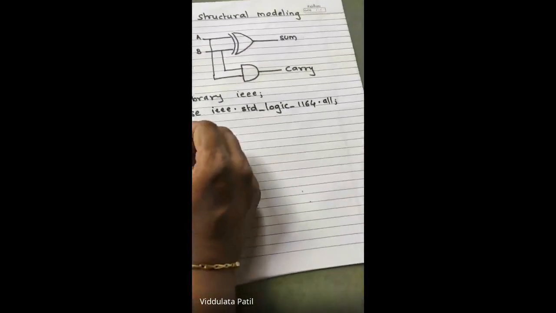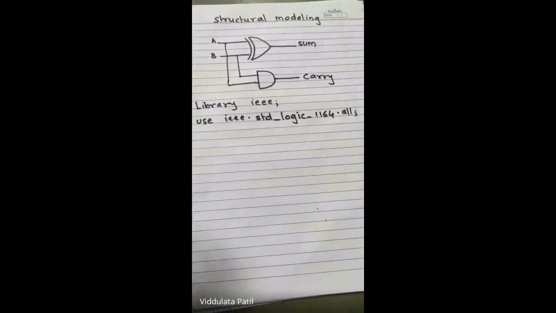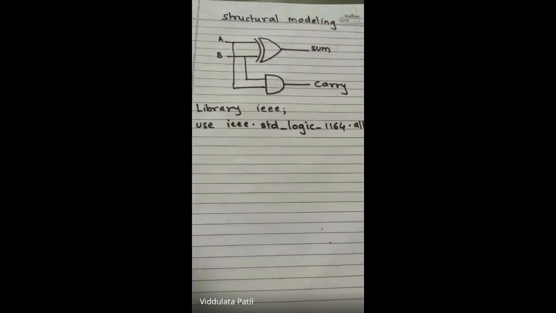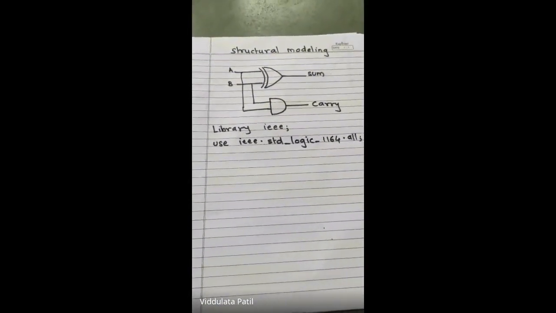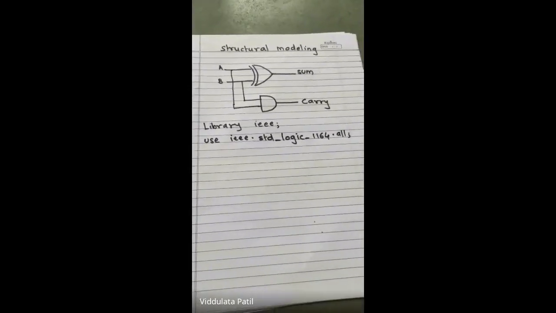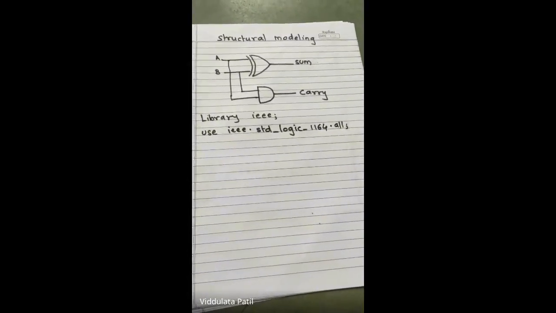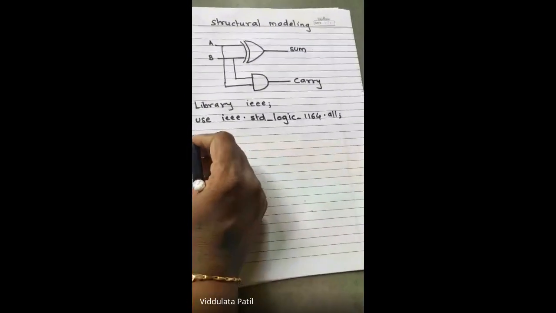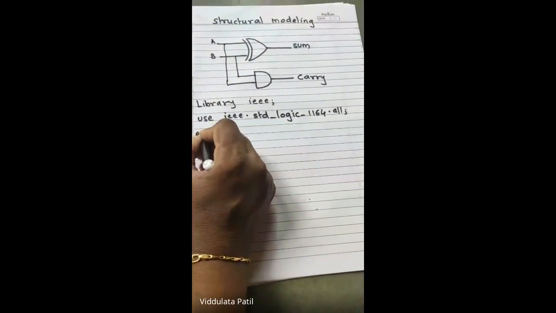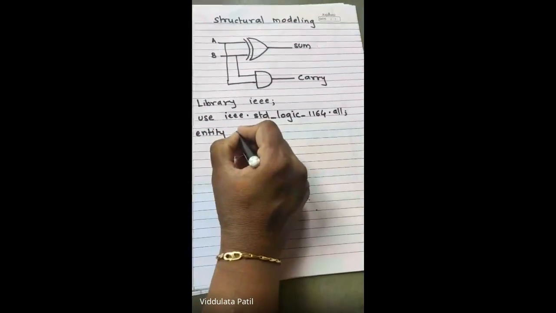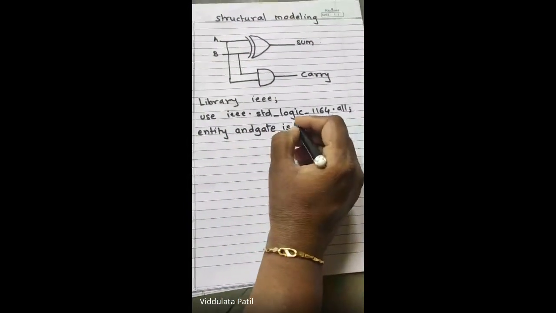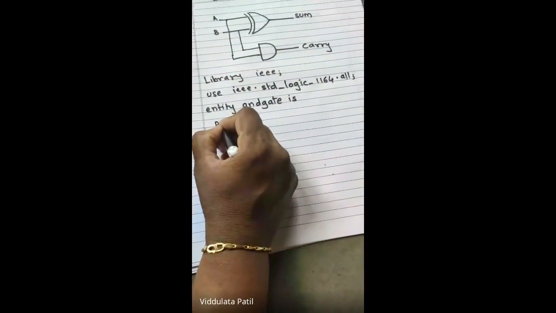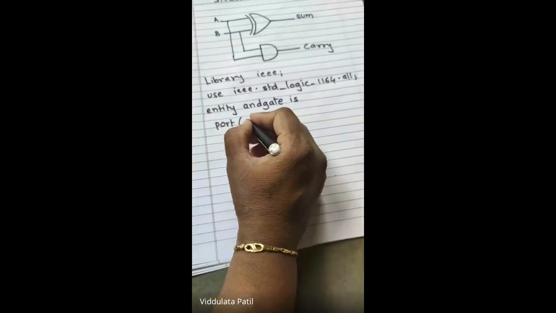Then after that we are going to use an AND gate as well as an XOR gate. So initially we are going to write entity and architecture for all these gates so that they get added to your program. We will first write the entity for the AND gate. How many inputs are there for the AND gate? 2 inputs.